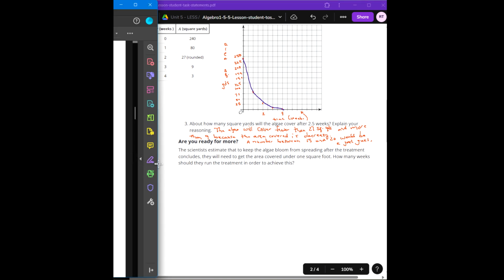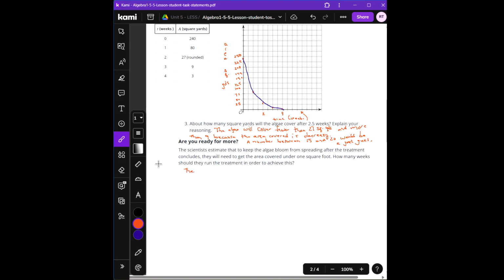Okay, so for this one, there are 9 square feet in every square yard.